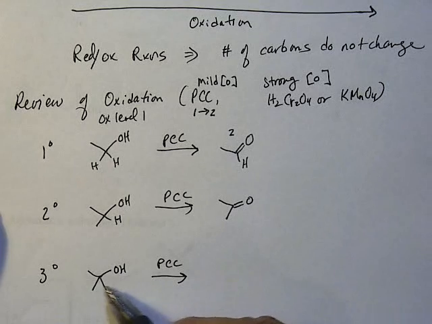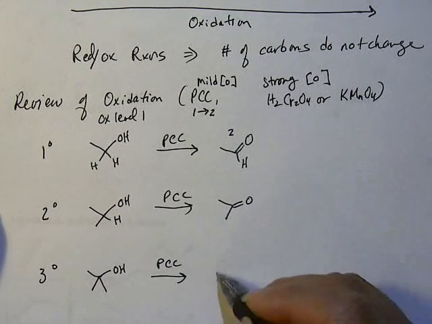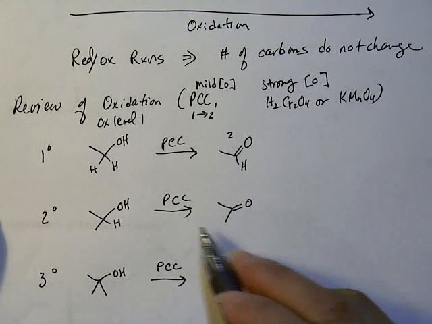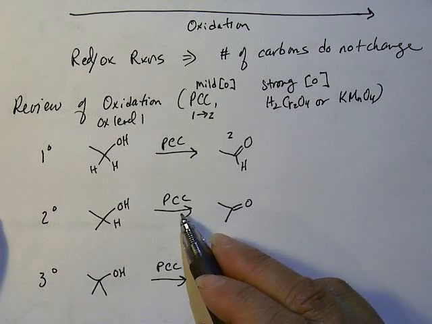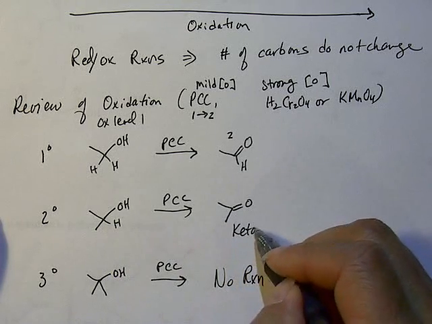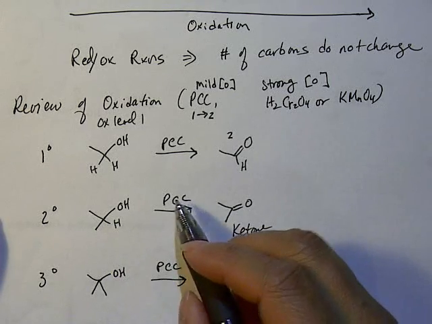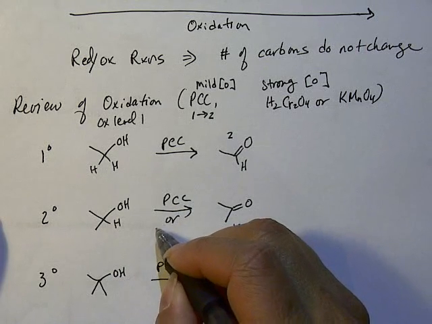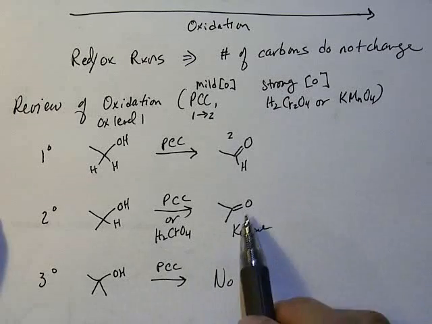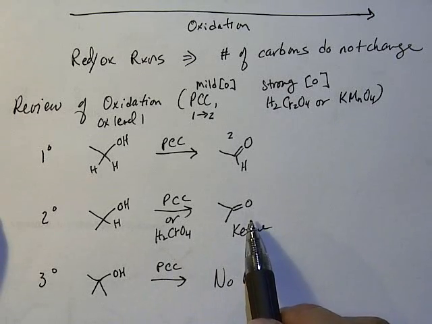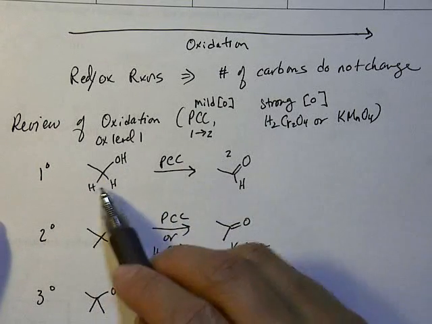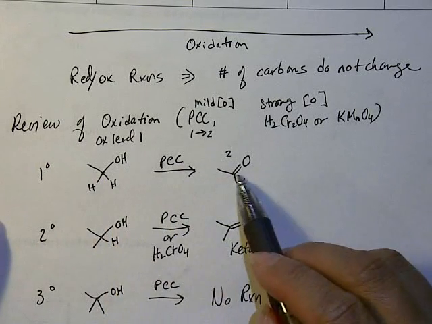Whereas in tertiary, there's no hydrogen to remove in order to form the double bond, so no oxidation is possible. And going from secondary alcohol to the ketone, whether you use the mild PCC or the strong chromic acid doesn't matter, because it could only go to ketone and then you're done. Whereas for the primary alcohol, there are 2 hydrogens to remove to form the double bond.